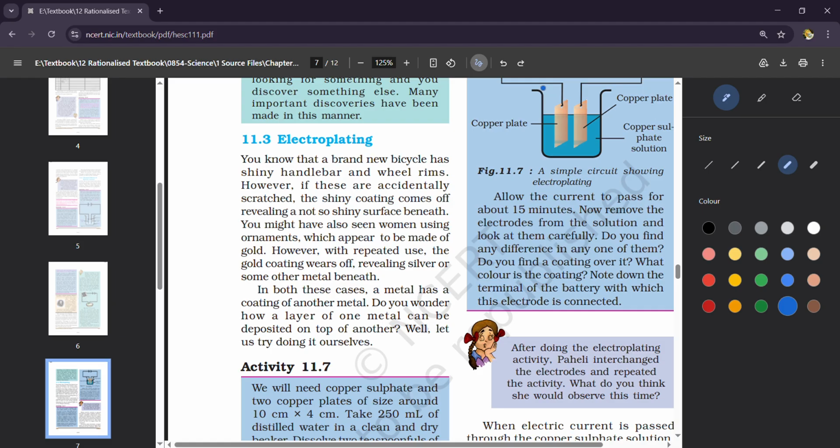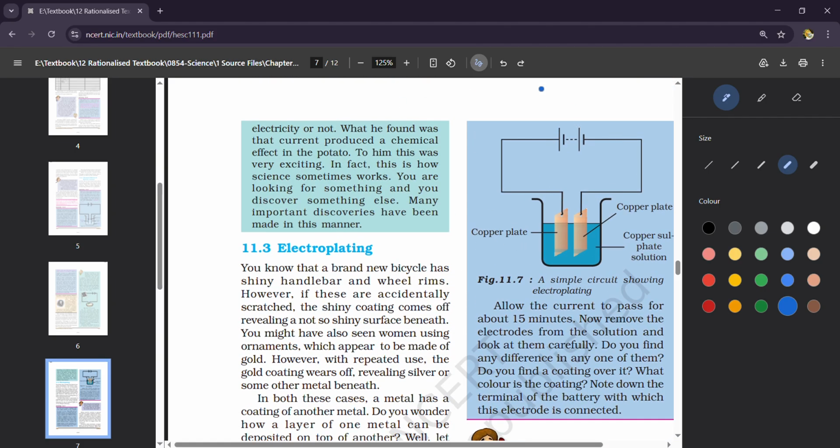The reaction is dependent upon the material of the electrode and the solution. Now let's come to the electroplating.